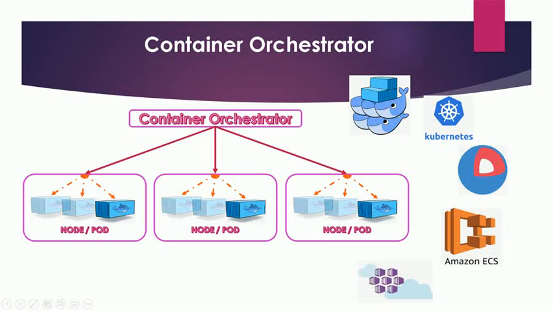Now let us understand how this container orchestration works. When you use a container orchestration tool like Kubernetes or Docker Swarm, you describe the configuration of your application in a configuration file, which is typically a YML or JSON file.